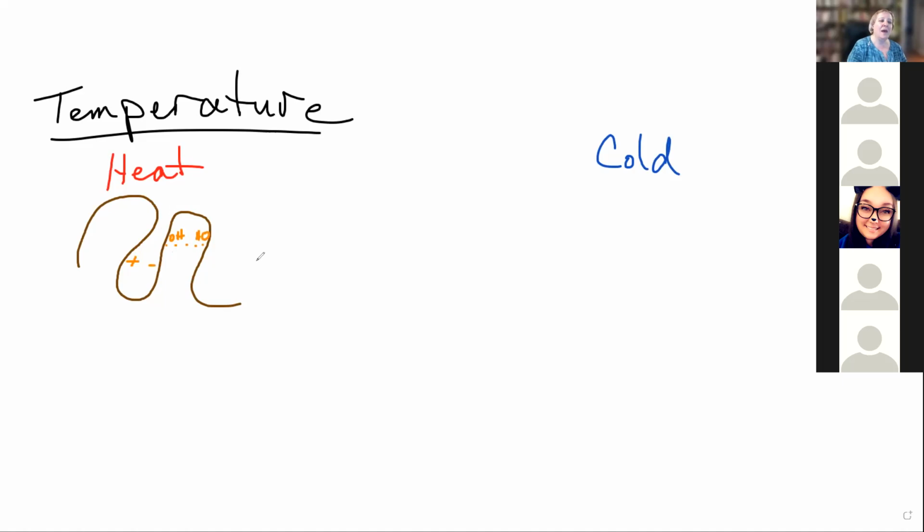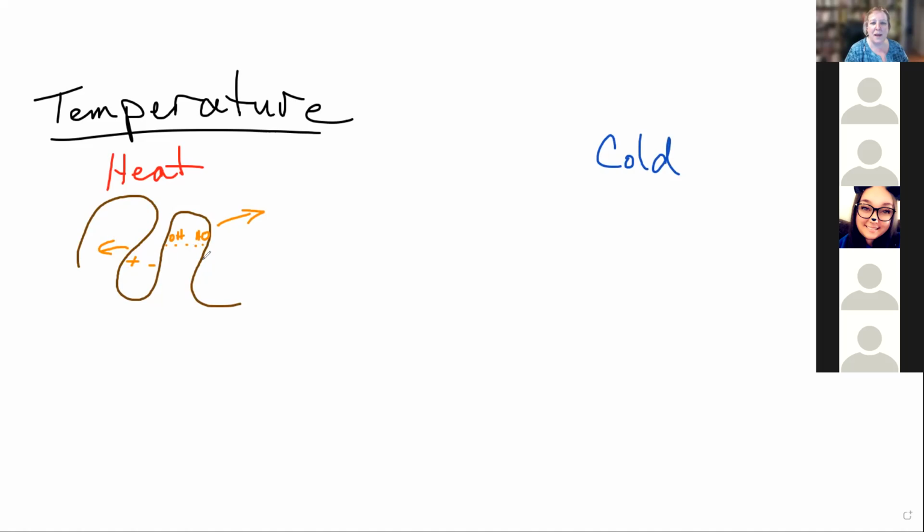If these move around too much, this gets moving this direction, this gets moving this direction, and these are too far away to interact, to have an attraction. If this moves far enough away, I break the hydrogen bond.